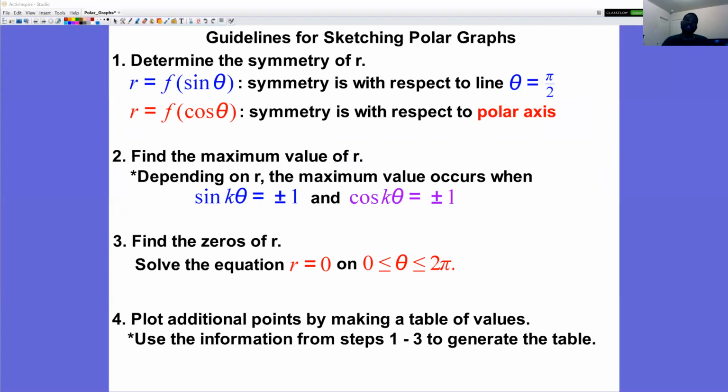We're going to put all of them together and be able to sketch these polar equations without the use of a calculator. Again, the whole point of this lesson is to sketch these by hand without using a graphing calculator. The graphing calculator, again, is a tool to help you check your answer.